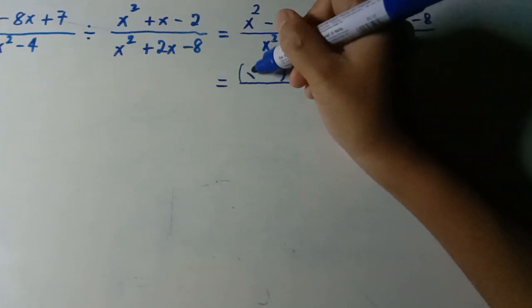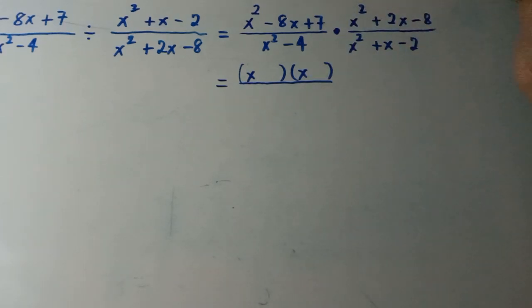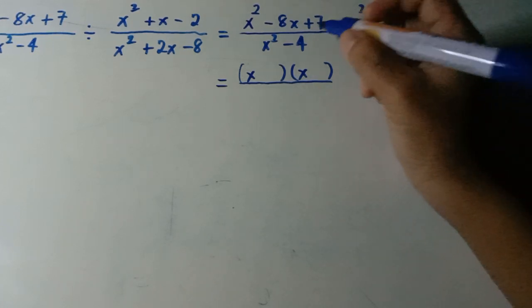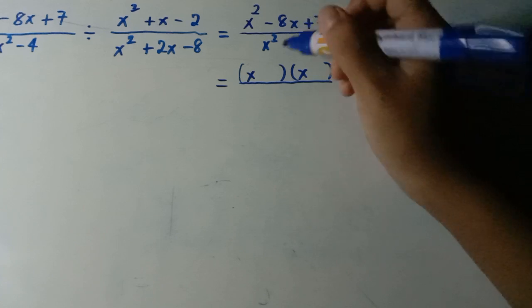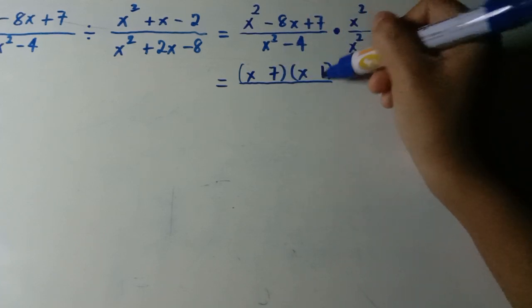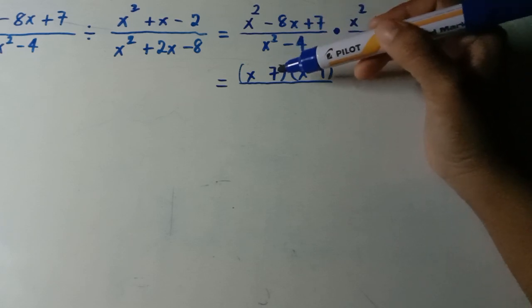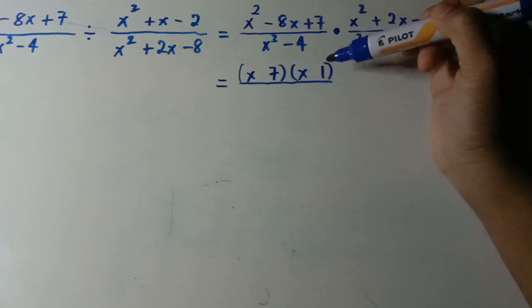So tagsaan nato ni siya x and x. 7 is not a perfect square, so therefore we are going to look for some factors that will possibly result to negative 8, and in this case we have 7 and 1. Next is asa naman po nato ibutang si positive or si negative.